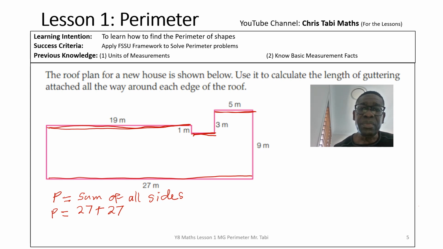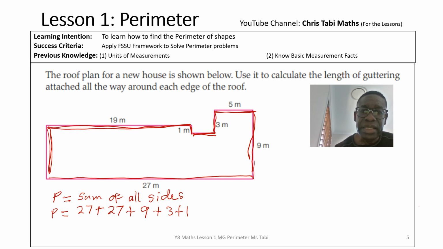Now, on this side here, that's 9. So let's add that. Now, we need to add this, which is 3. And we need to add that, which is 1. Now, what about this side here? Well, up to there is 9.